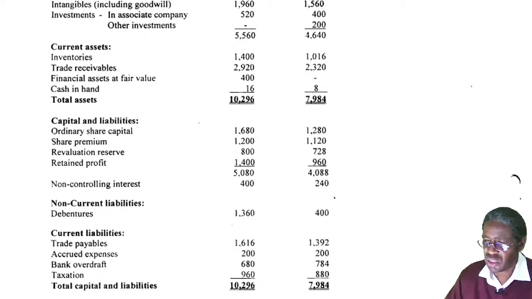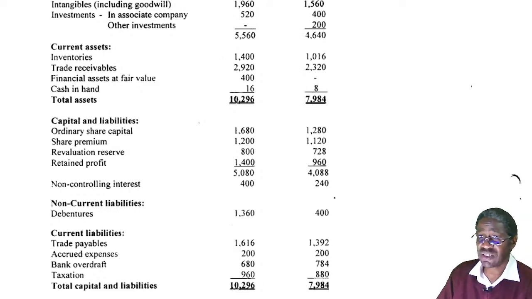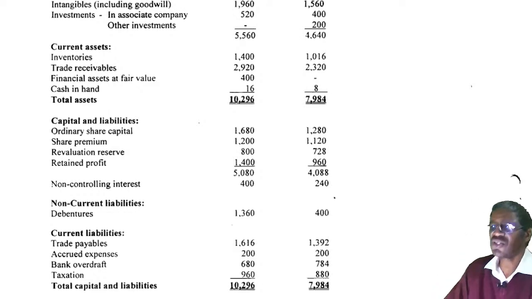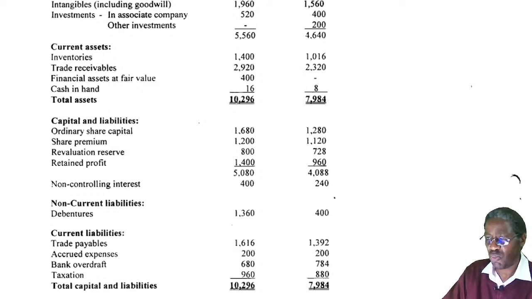I told you last time that among the current assets, we have financial assets. That one I told you, don't use it like increase or decrease in current asset or financial asset. No. I told you last time that financial assets are a part of what we call cash equivalent. I hope you still remember that. It's part of cash equivalent, and we said cash equivalent has its own place in the cash flow statement. So that one you know where we shall take it.